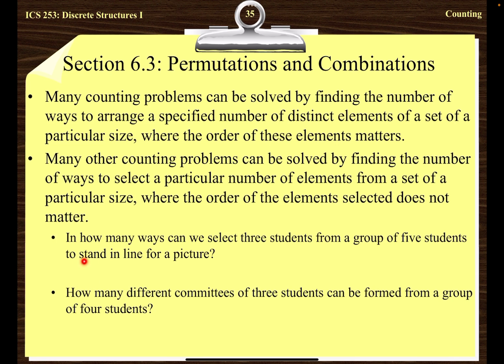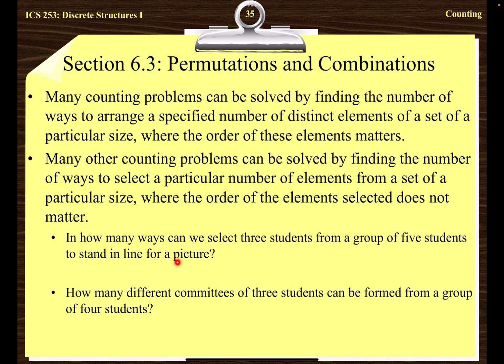So, for example, the question, in how many ways can we select 3 students from a group of 5 students to stand in line for a picture? Order matters or does not matter?